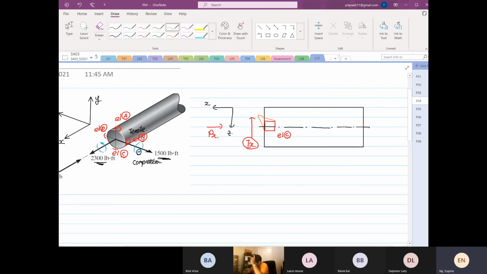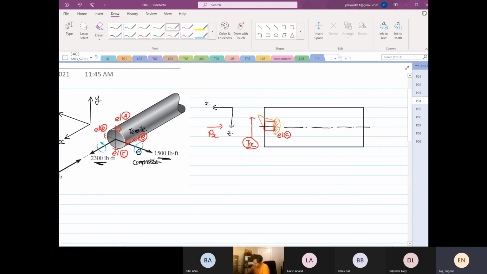In torque, there will only be deformation if you lock this surface. What I'm trying to say is this: when the shaft is rotating, it will not fail in shear. The failure will occur when all of a sudden this end stops. You resist the rotation, then you get that type of deformation.